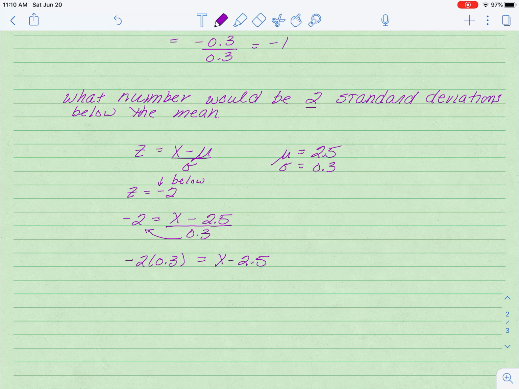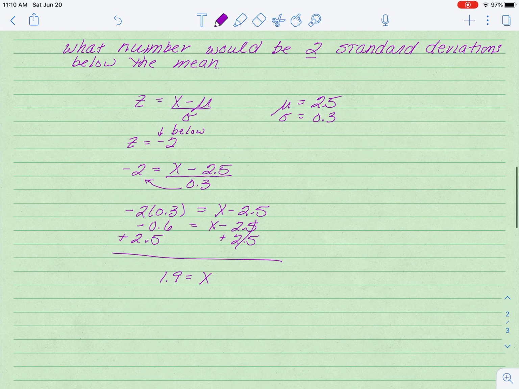That's negative 0.6 equals x minus 2.5. Now we add that 2.5 to both sides, and we get 2.5 minus 0.6, which is 1.9, equals x. So the number that would be 2 standard deviations below the mean is 1.9.